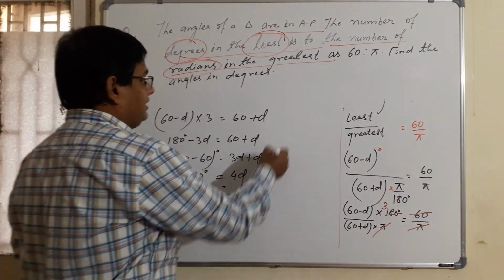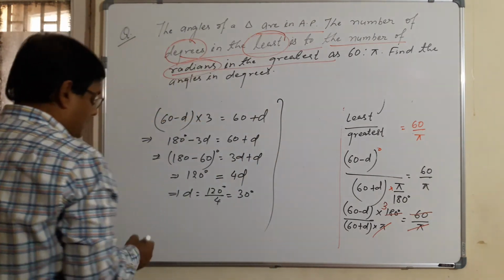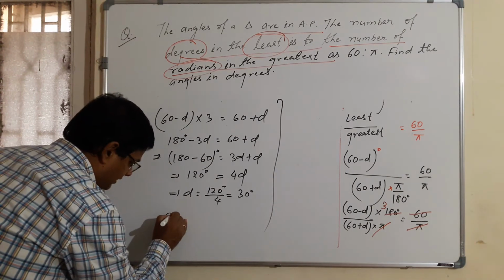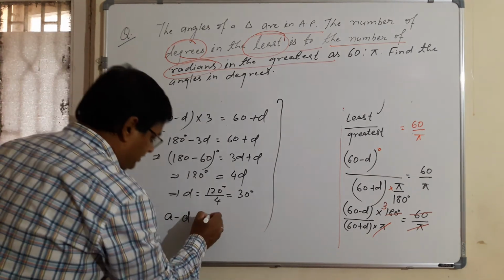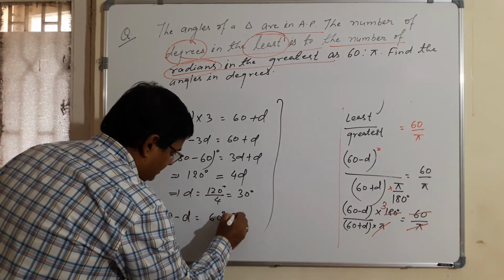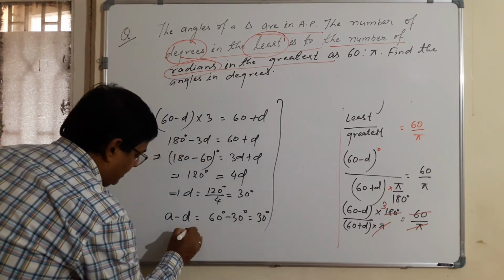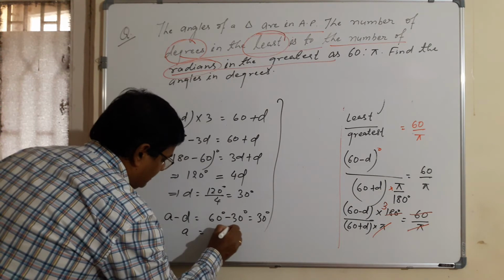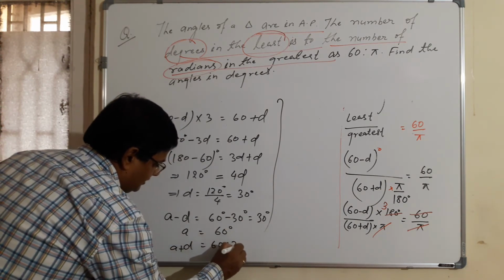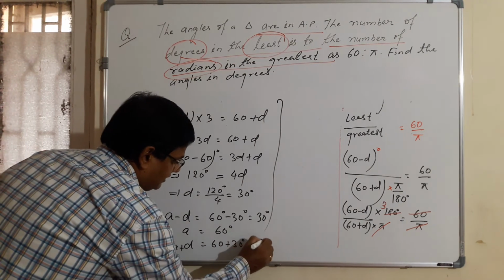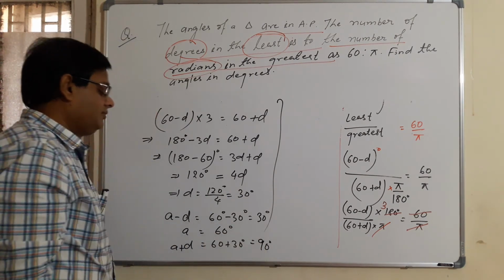So you got here 30 degree. So A minus D means A is your 60 degree minus D is your 30 degree, equal to 30 degree. A is equal to 60 degree, and A plus D means 60 plus 30 equal to 90 degree. So see here 30, 60, 90: 30 plus 60 plus 90 is 180.